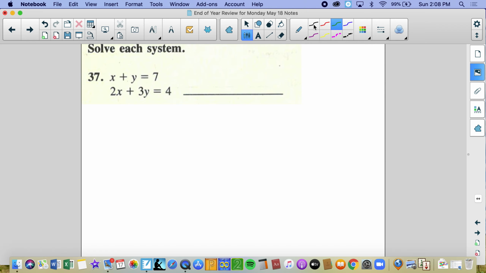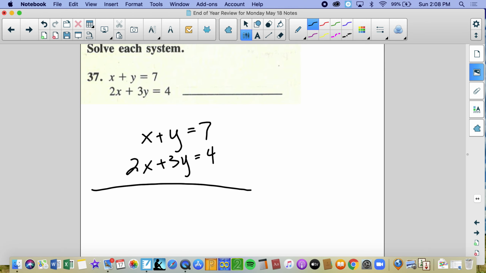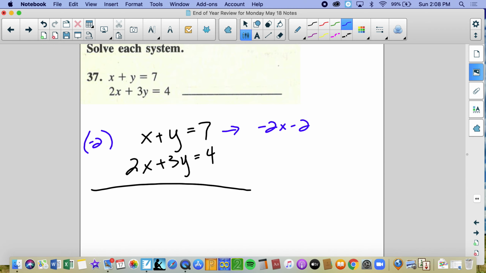So we have this equation, x plus y equals 7, and 2x plus 3y equals 4. If I use the addition, my variables don't cancel out. But if I multiply this top by -2, that would produce -2x minus 2y equals -14. You see that I multiplied each one.